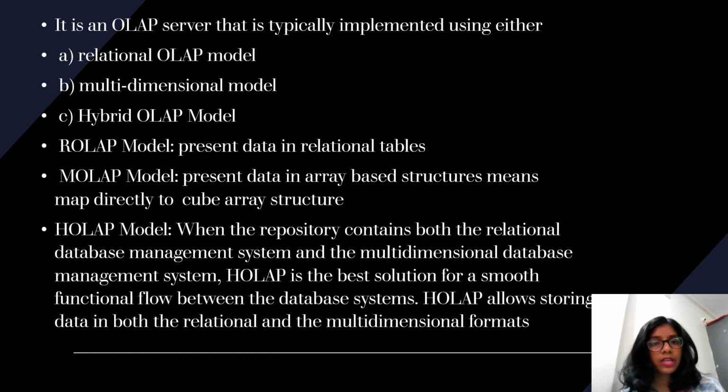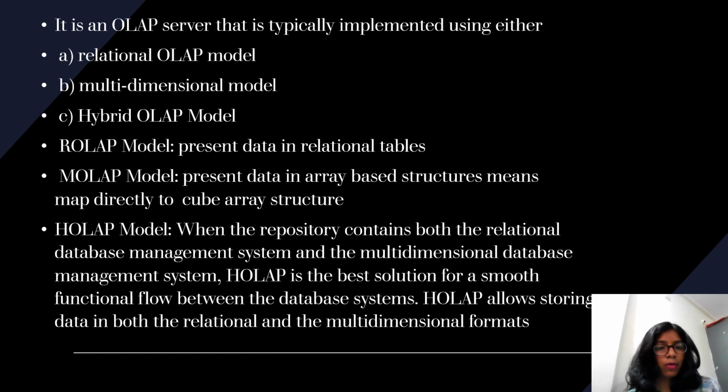It is an OLAP server that is typically implemented using either relational OLAP model or multidimensional OLAP model or hybrid OLAP model. Relational OLAP model represents the data in the form of relational tables, whereas multidimensional model presents the data in an array based structure, that maps directly to a cube array structure.